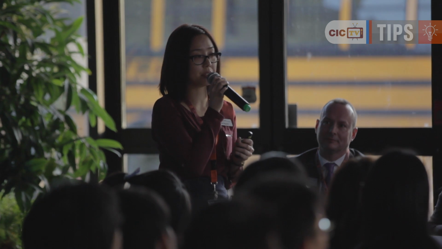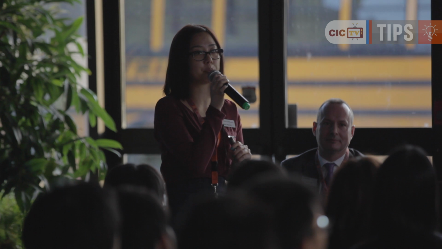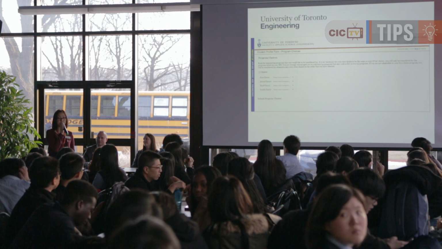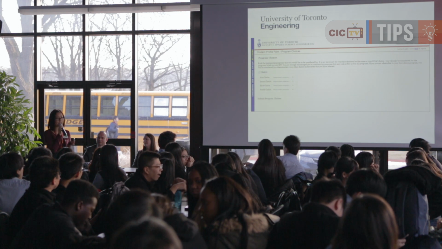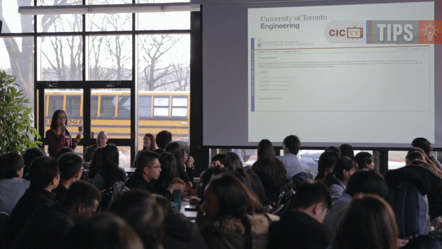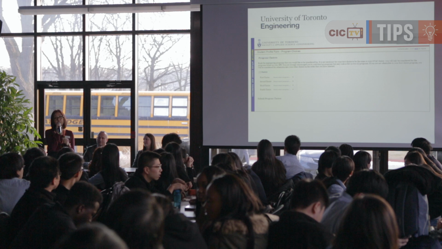So the next step to do is the first section, which is your program choices. So on the OUAC, you can choose only one engineering program, but on the student profile form, you can rank up to 4 different engineering programs of your choice, okay? So if, say, while you're applying on the OUAC, and in between the time of you completing the student profile form, you change your mind of what engineering program you're most interested in, you can change that and put it on the student profile form, and we'll look at what you put on the form, not what you put on the OUAC.